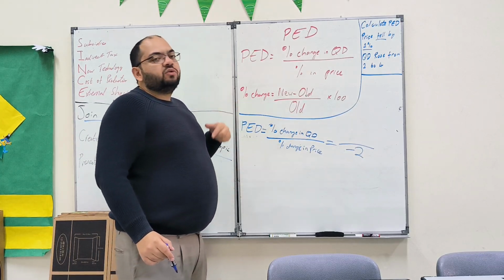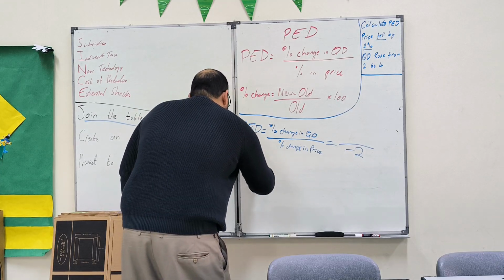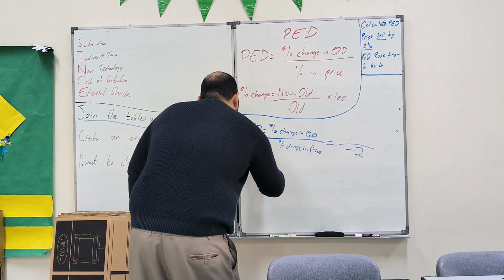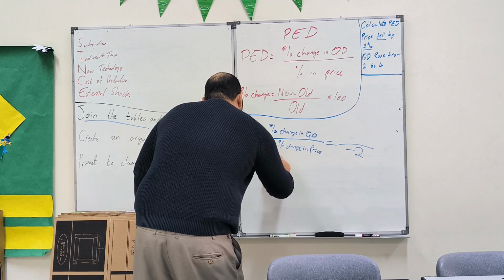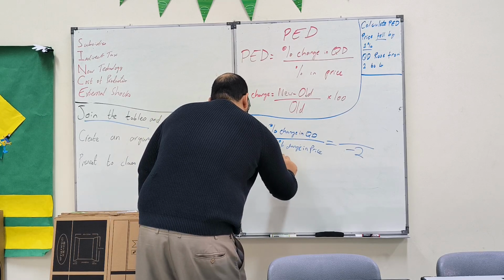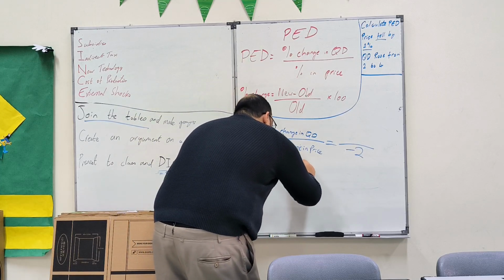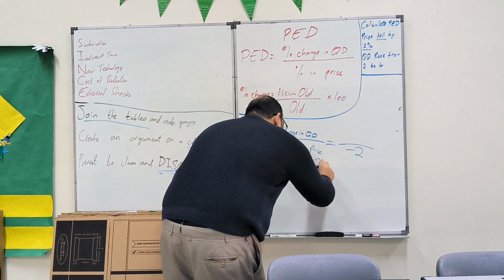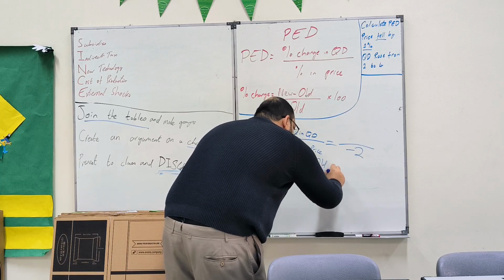How do we do that? We use this formula. So, percentage change in QD is equal to new minus old divided by old times 100.